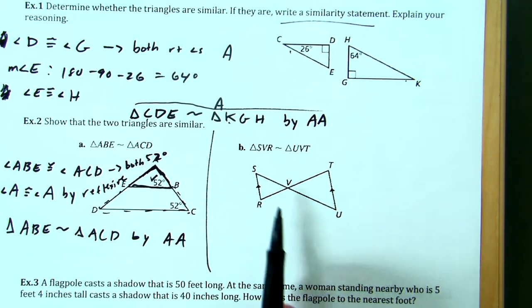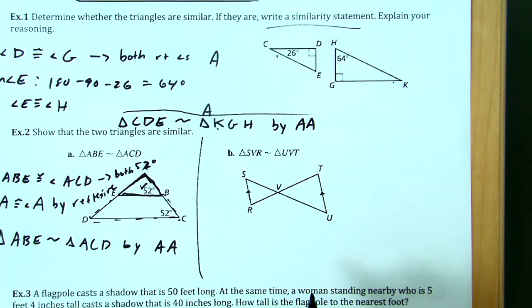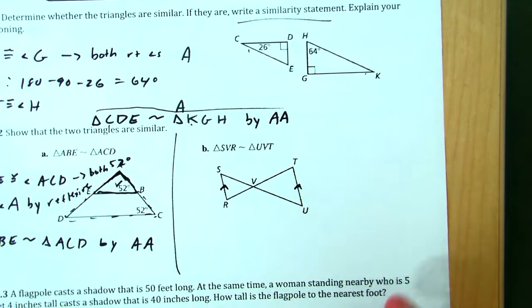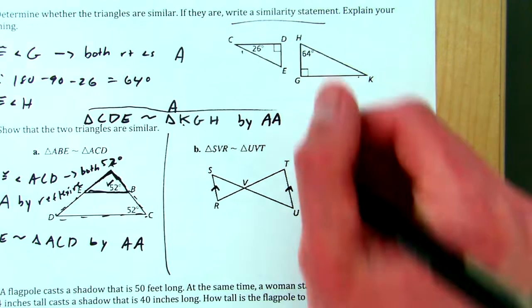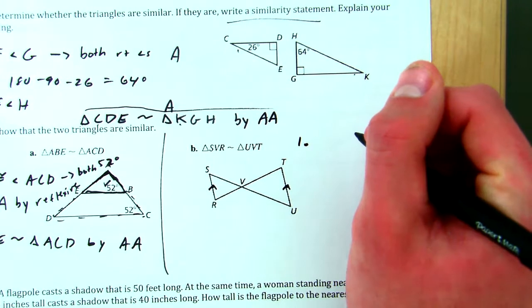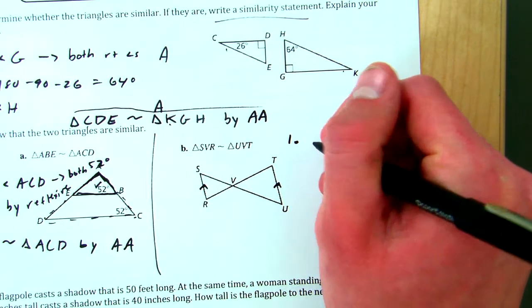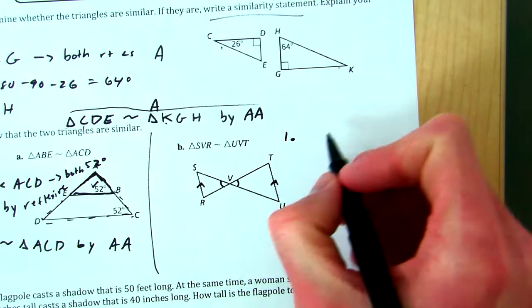Letter B, triangle SVR, the left one similar to the right one. These arrows right here show parallel. So there's a lot of different ways that you can go about doing the steps here. I'm going to first, just by way of reminder of a theorem, say that this one and this one are the same.